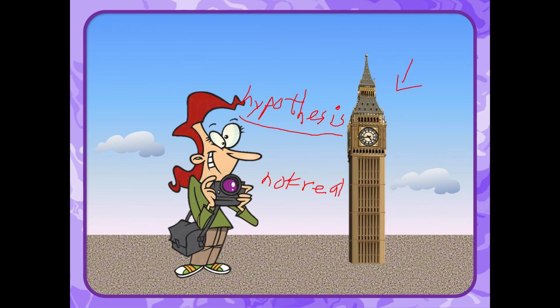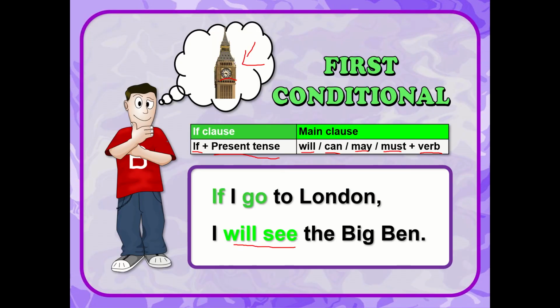Remember the formula for the first conditional: if clause plus main clause, with a helping verb and a main verb, and present tense. First conditional is hypothetical.